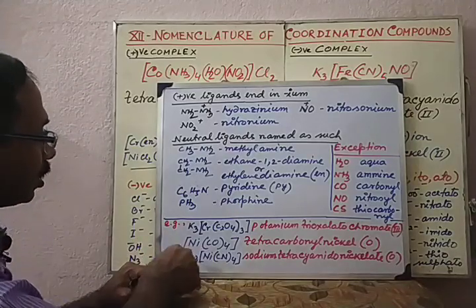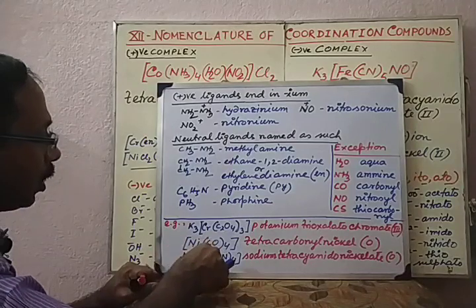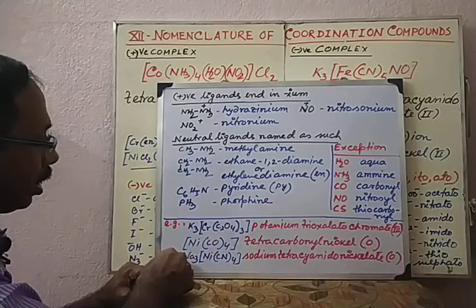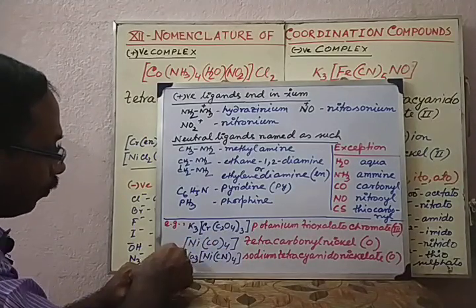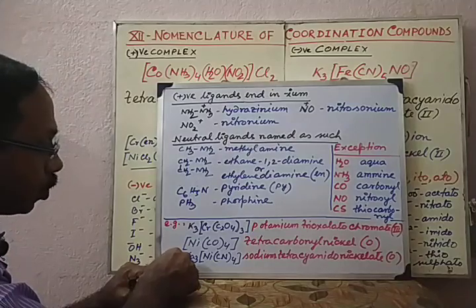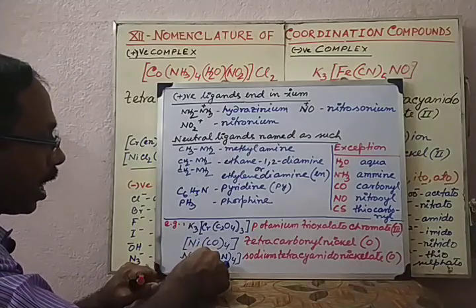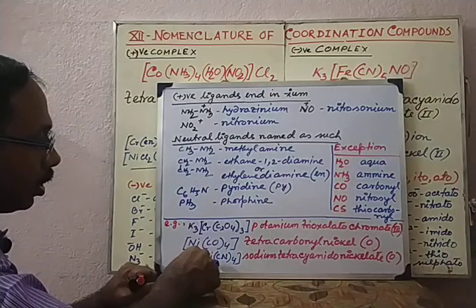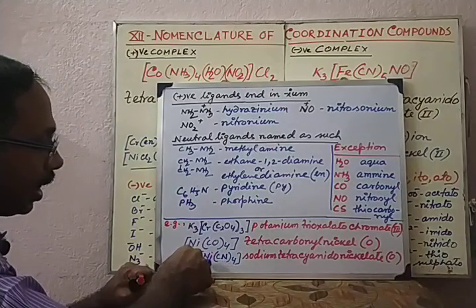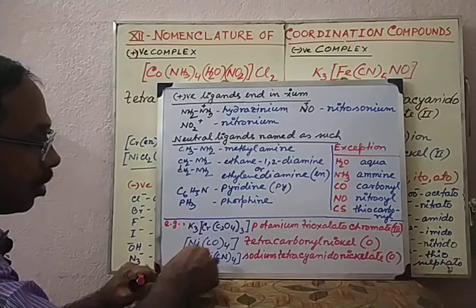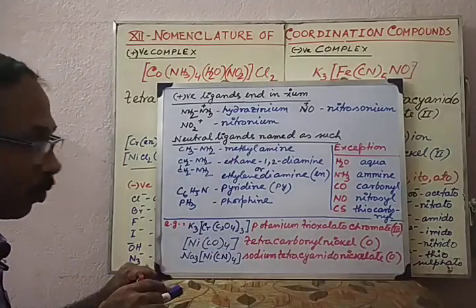Now in this complex, the counter ion is positive, so the complex is negative. It is named as sodium, not trisodium, sodium tetracyanido or cyano, then nickelate, but its oxidation number is 0. Why?